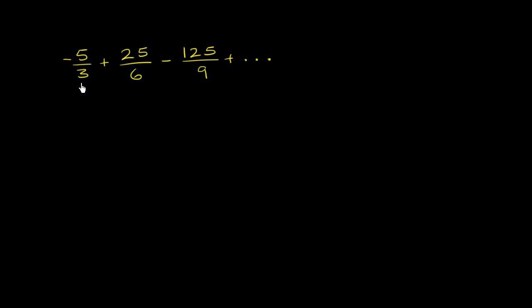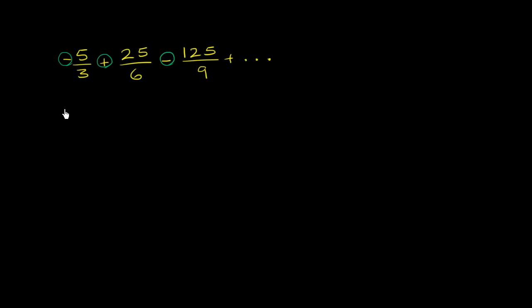So I'm assuming you've given a go at it. So let's just look at each term of this series, and let's see if we can express it with an ever-increasing index. So the first thing that might jump out at you is this oscillating sign that's happening right over here. And whenever we see an oscillating sign, that's a pretty good idea that we could view this as -1 to the nth, where n is our index.